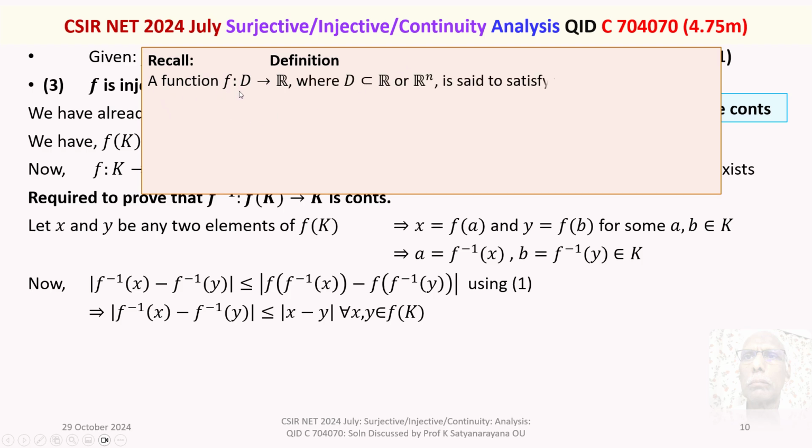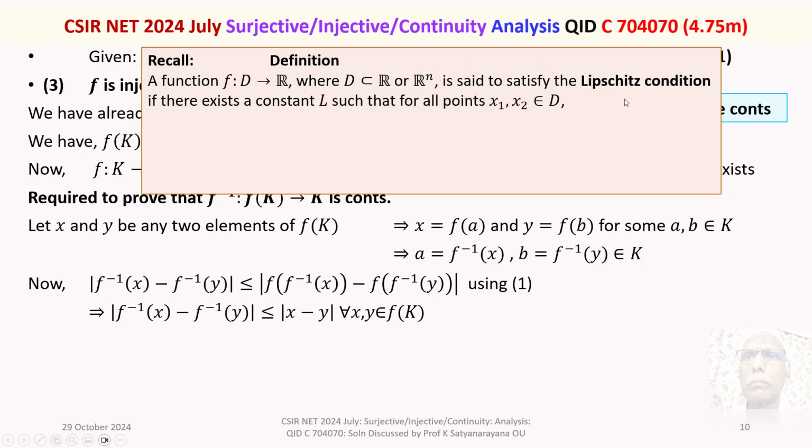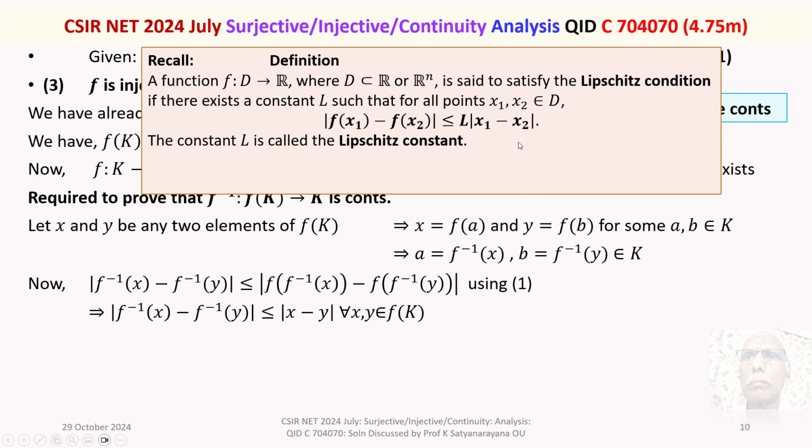A function f from the domain D to R, where D is a subset of R or R power n, is said to satisfy the Lipschitz condition if there exists a constant capital L such that for all x1, x2 belongs to the domain D, mod of f of x1 minus f of x2 is less than or equal to L times mod of x1 minus x2. The constant L is called the Lipschitz constant, and if such an L exists, f is called a Lipschitz function.